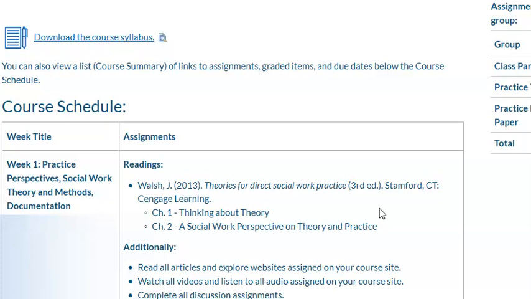So it's not just choosing something on a whim, filling out forms on a whim, but we have a real understanding of what is the basis for the creation of those interventions and we understand the theory behind each of the approaches. And that will be a heavy emphasis in this class.